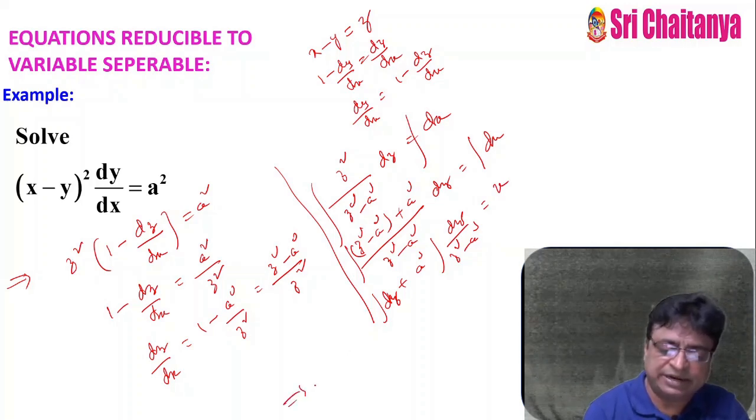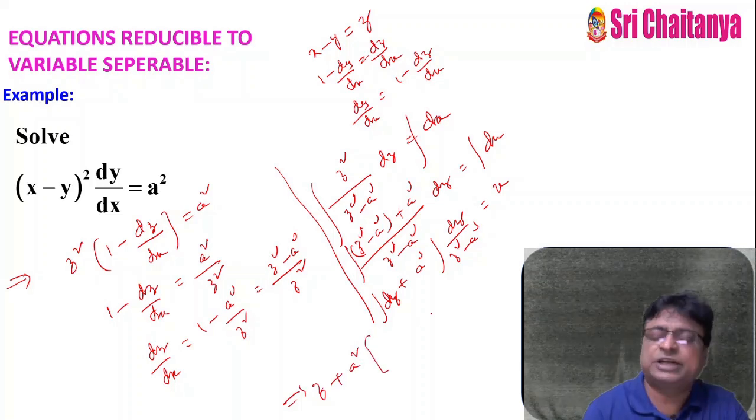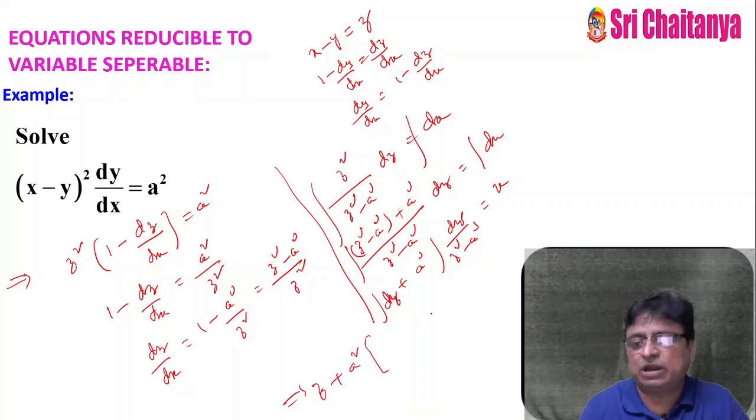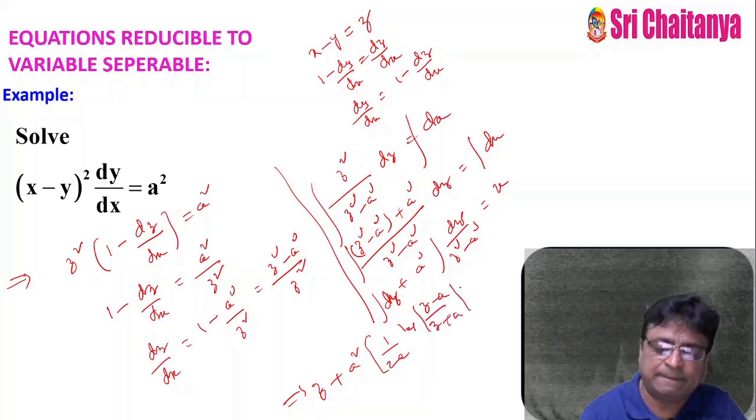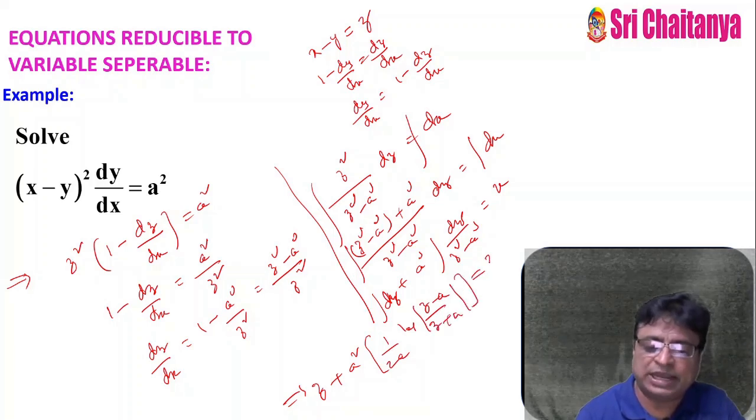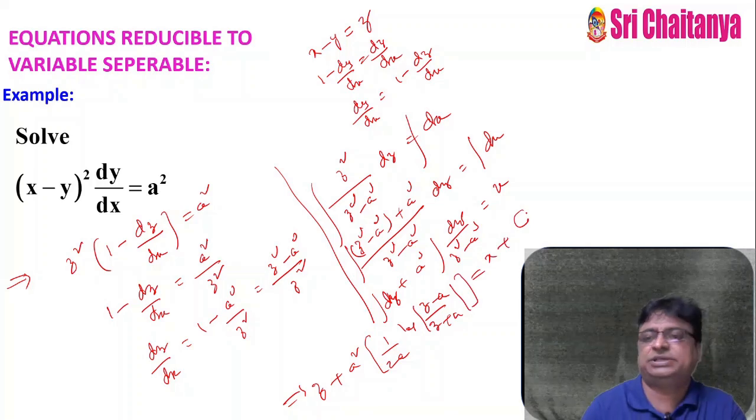Of course this is z plus a square into integration 1 by x square minus a square, which is 1 by 2a log mod x minus a by x plus a, that is 1 by 2a log mod z minus a by z plus a, equal to x plus c I can write.